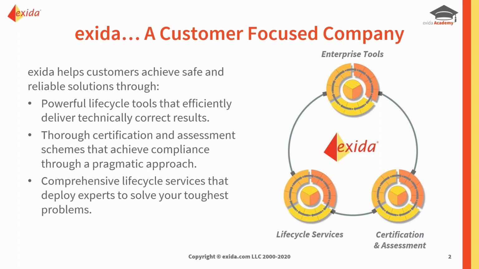Since then, starting with product and product certification, we have grown exponentially. We now not only do product certification for functional safety, we also do product certification for cybersecurity to the new IEC 62443 standard.